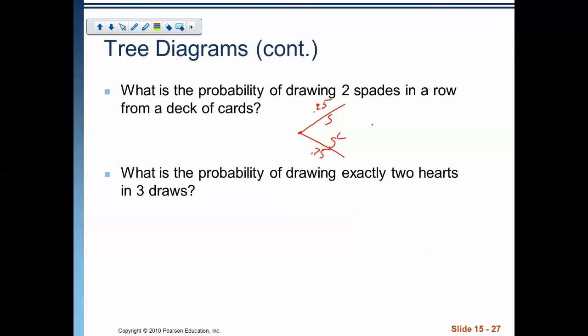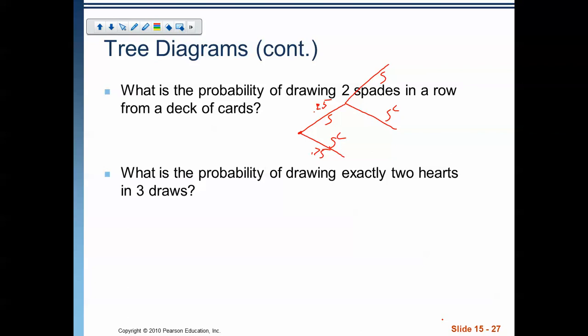Okay. Given that I've drawn a spade, what are the next 2 options for the second draw? It's still spades and not spades, right? But now our probabilities have changed. Given that I've drawn a spade, how many spades are there in the deck? 12.